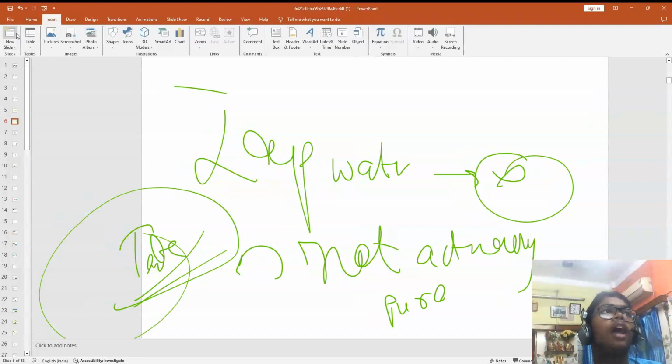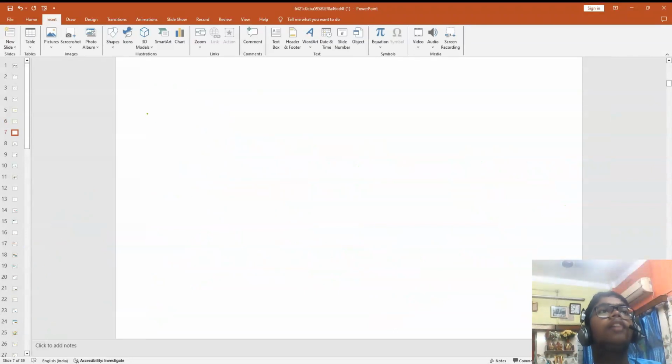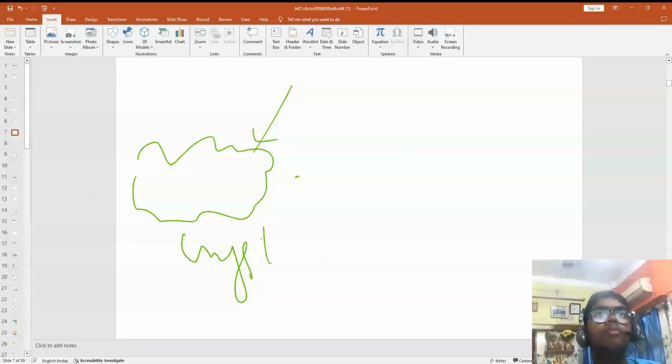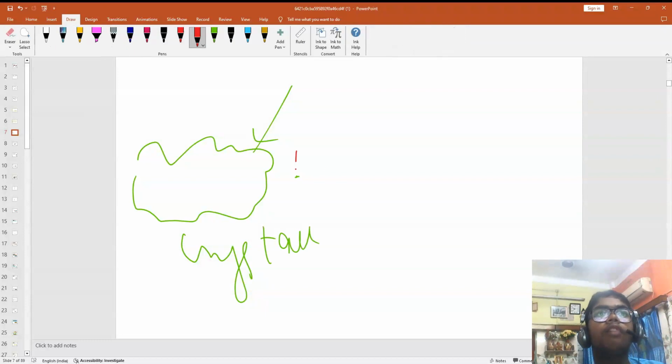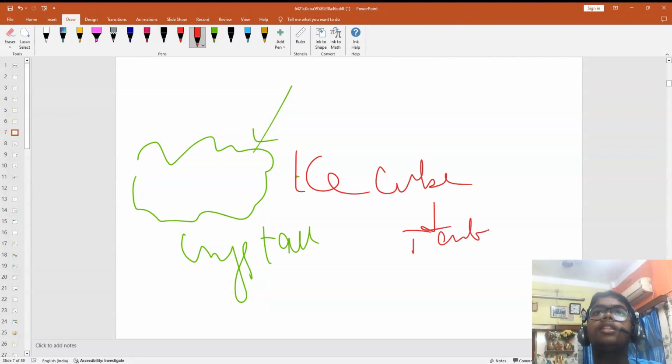But if you taste an ice cube, like when you take tap water and make it solid, it becomes crystal form, that is the ice cube form. Now the ice cube form is the purest form. So when you taste it, it will have no taste.